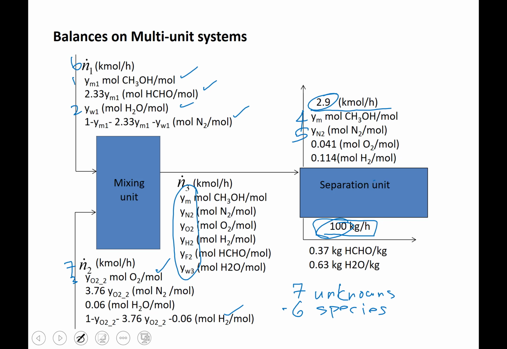And we can also get one more piece of information: these mole fractions will all add up to 1. Then we have 0 degrees of freedom.